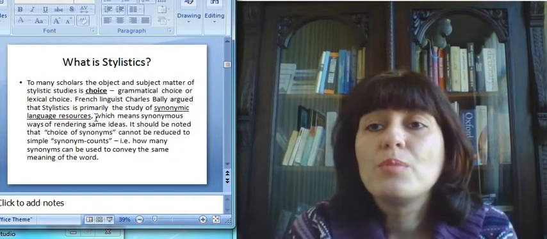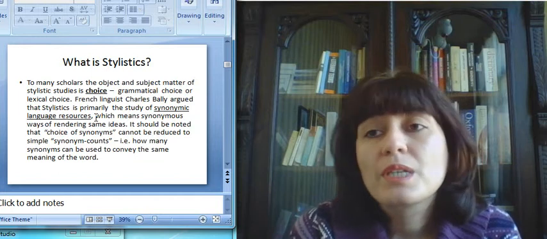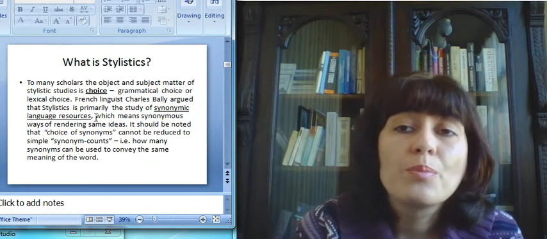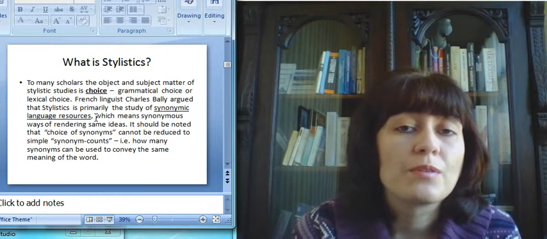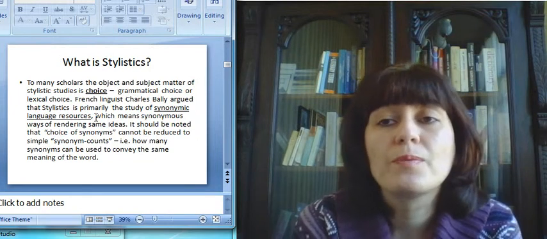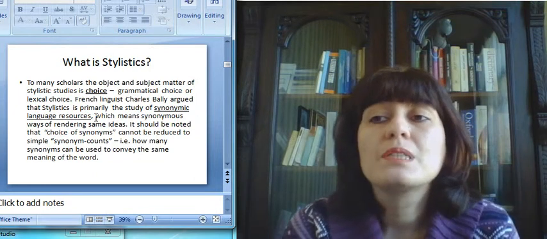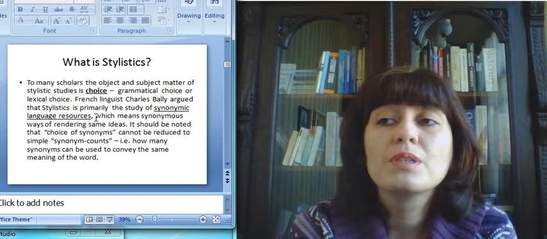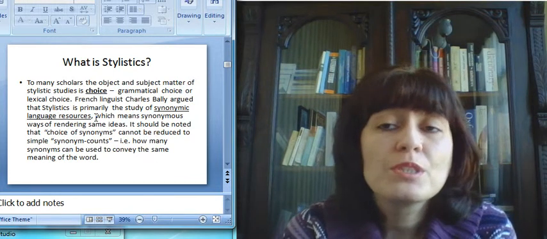So as long as we have stressed the importance of stylistics, now we're supposed to answer, from a certain point of view, very simple questions. So what is stylistics? What is the purpose of stylistics? Why should we do stylistics after all?